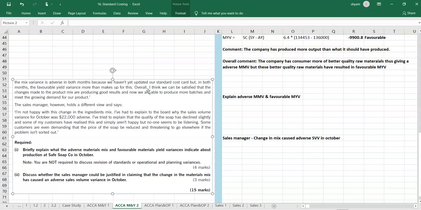Overall, I think we can be satisfied that the changes made to the product mix are producing good results, and now we are able to produce more batches and meet the growing demand for our product.